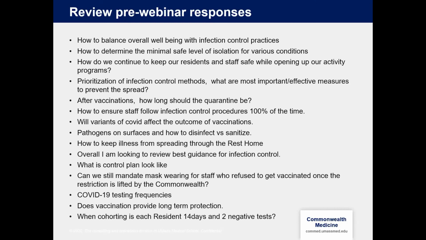How to ensure staff follow infection control procedures 100% of the time. Will variants of COVID affect the outcome of vaccinations? Right now, none of us know that. We're hoping that it won't mutate as more and more of us get vaccinated. Pathogens on surfaces and how to disinfect versus cleaning and sanitizing an area. How to keep illness from spreading through the rest home. Overall, reviewing best guidance for infection control and what a plan looks like.